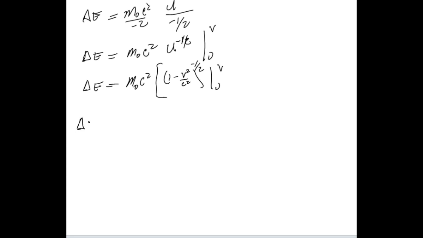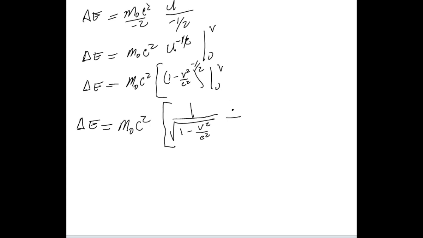So change in energy E is equal to m naught times c squared, and all of that's multiplied by, from 0 to v, 1 over the square root of 1 minus v squared over c squared, minus this term evaluated at 0.